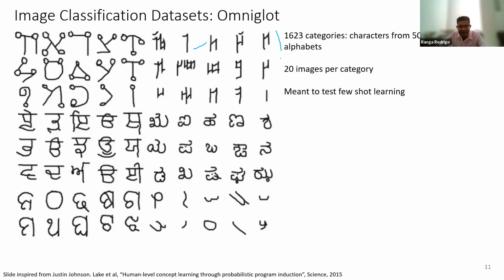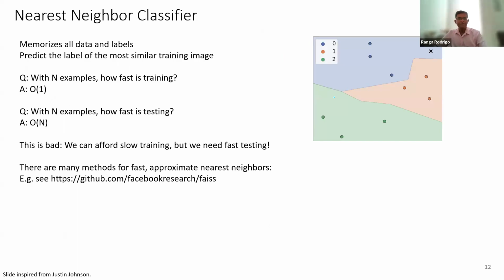There are 20 images per class, meant to test few-shot learning. Few-shot learning means you have a classifier, and you want to make that classifier work for a new dataset using only a few labeled images.